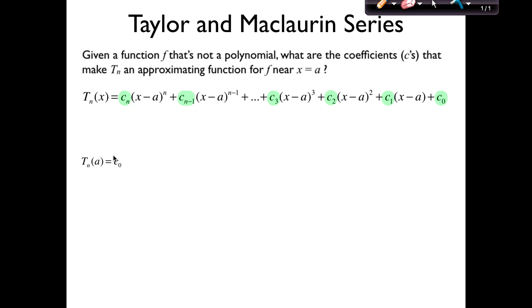So what is C0 going to be so that the polynomial gives us the function value at a, or does the best it can centered at a? So what should C0 be, so that when we plug a into our polynomial, we get the right function value?